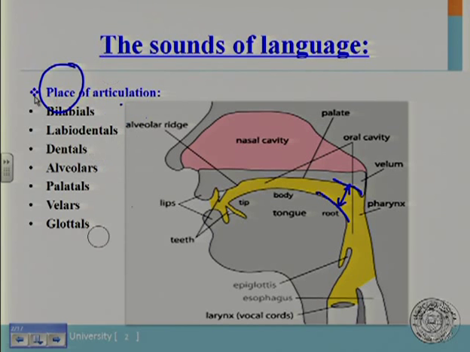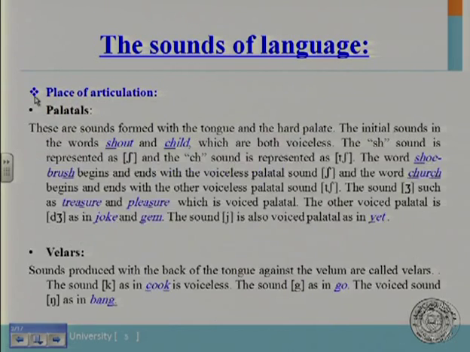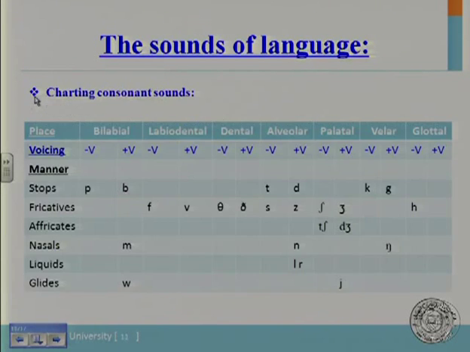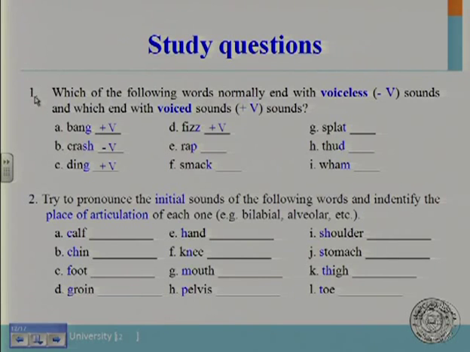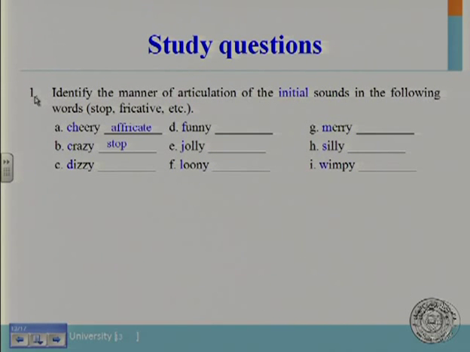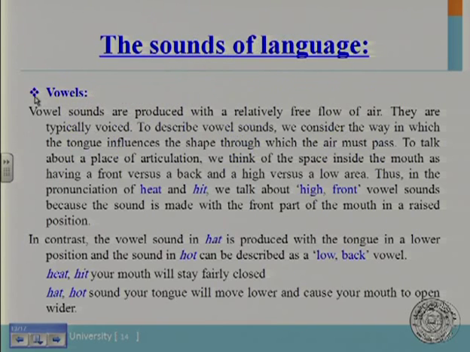Here we have completed the place of articulation and the manner of articulation. Let me start with a little bit more complicated topic: vowels.